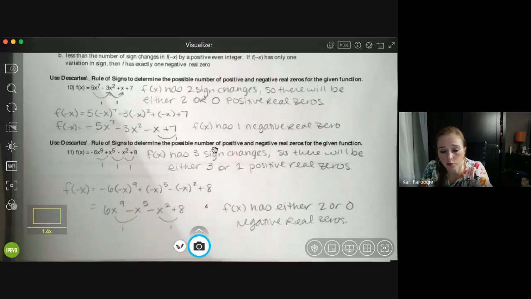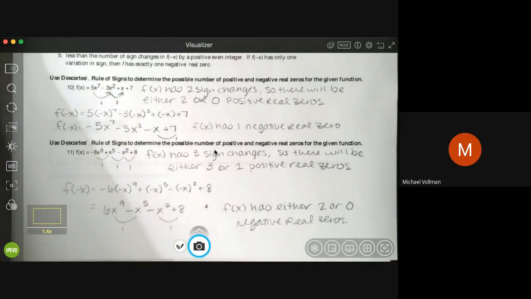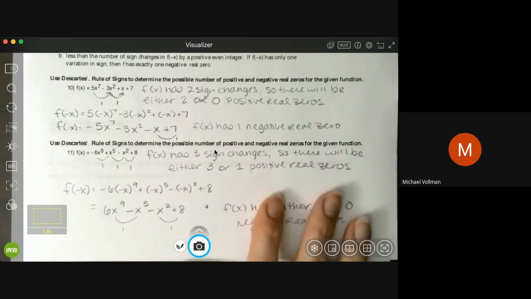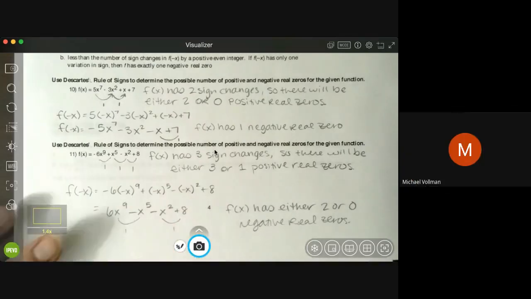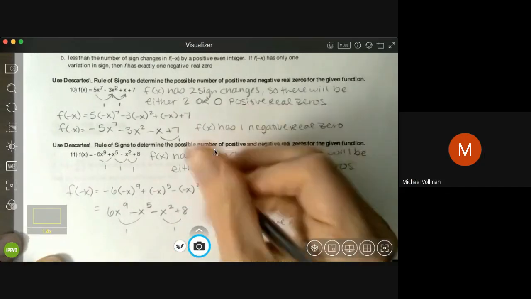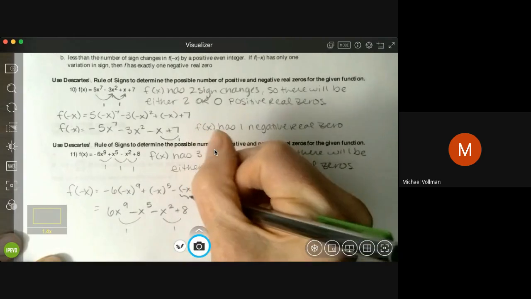You can unmute if you want to. I don't know if your mic is not working. I know that sometimes happens. I was having a question because it says negative, to the negative x to the 2nd plus 8. So wouldn't negative x be a positive x? Because there's a 1 in front of the x. I see what you're saying now. So it'd be negative 1 times negative x.